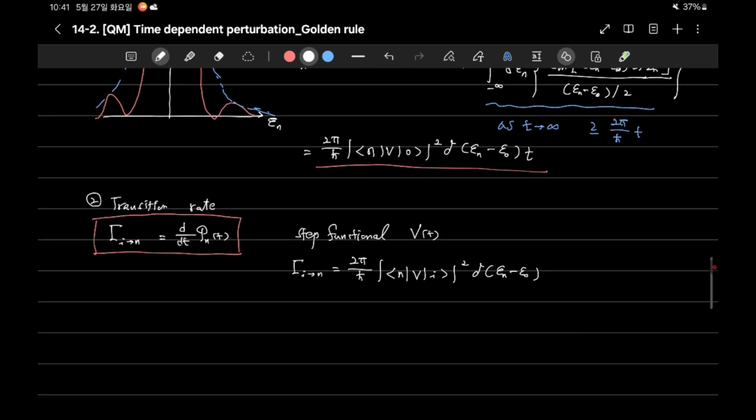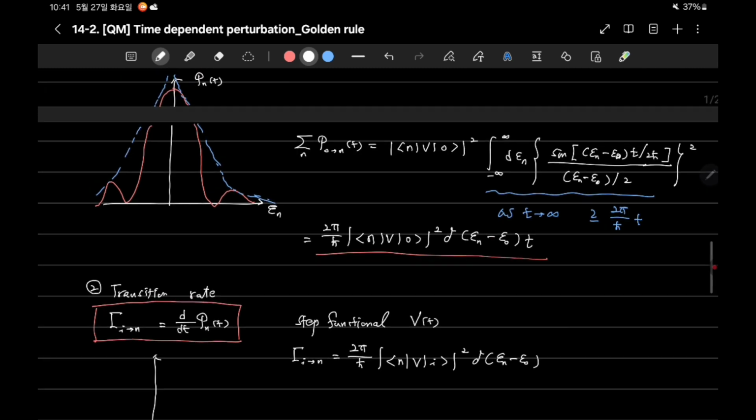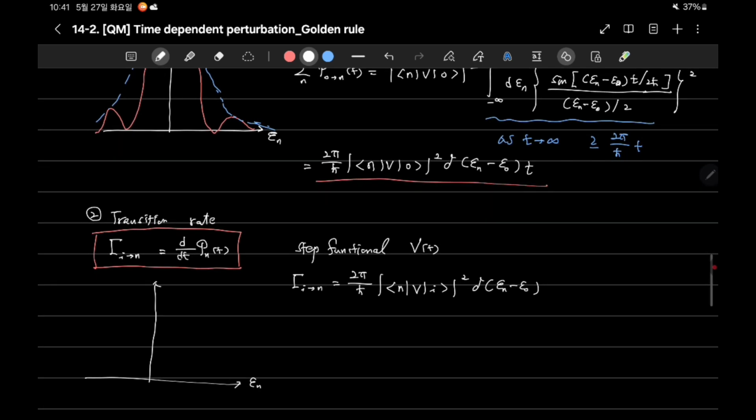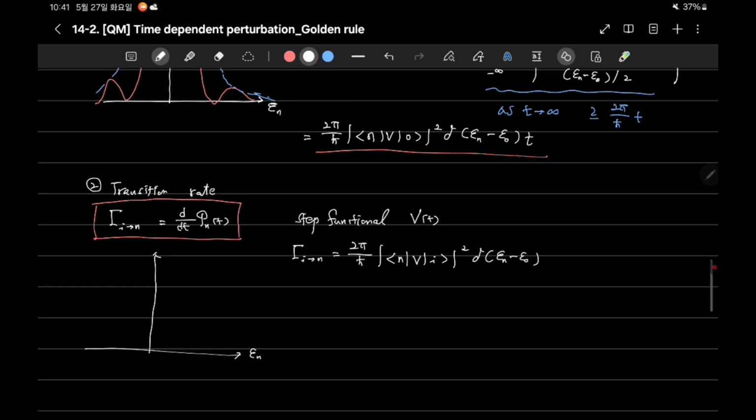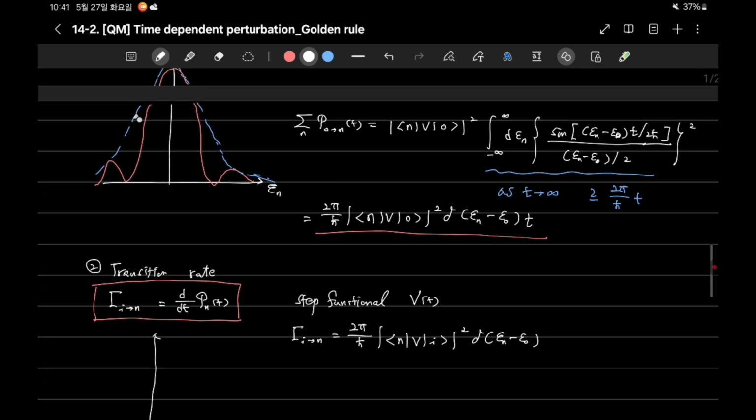Here, for epsilon n in this case, at finite t, the probability oscillates like this, but for a long time, this broadness becomes sharper and sharper.